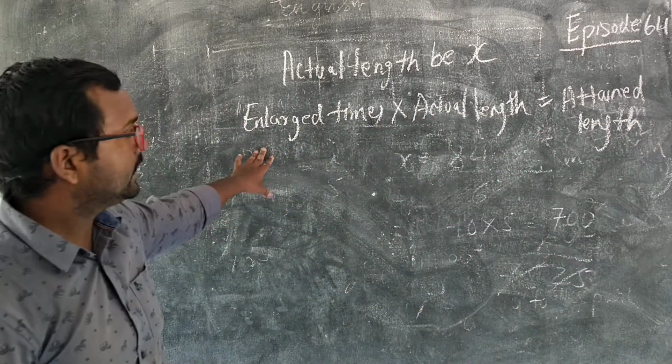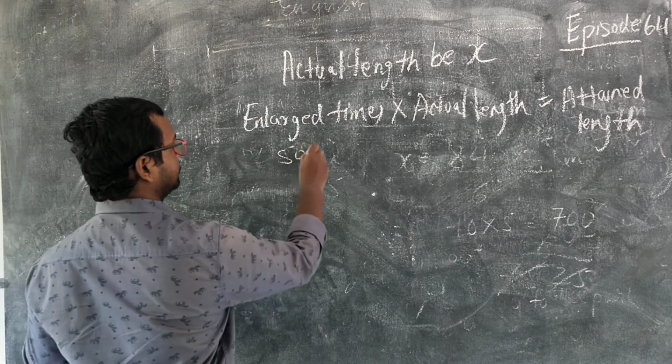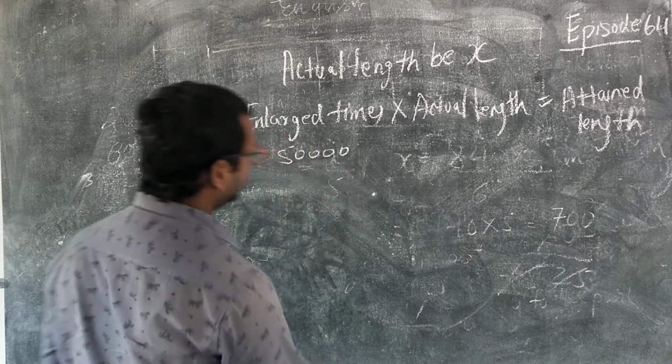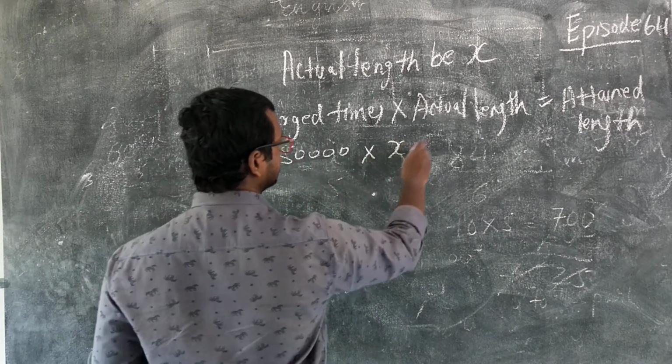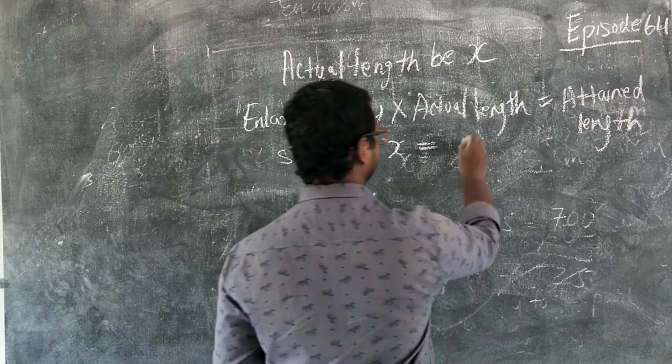How many times is it enlarged? 50,000 times. 50,000 times into actual length, which is x, is equal to attained length. How much did it attain? 5 cm.